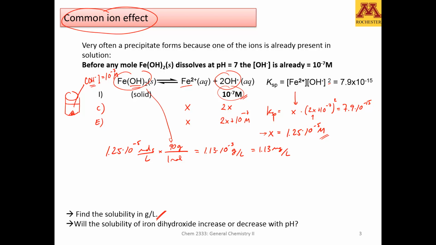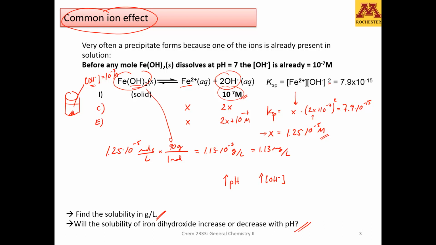A qualitative question that you may find in terms of common ion effect is if the solubility, that is the value of X, will change if we decrease or increase the pH. Well, let's see. If you increase the pH, notice that what you're doing is increasing the OH negative.